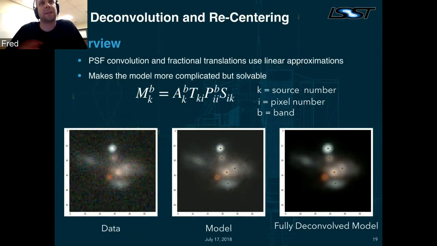We apply that to the morphologies, and then we multiply that by the SED component in that band. So you can see the results here, taking the data. The model in the middle is without using any PSF deconvolution, and the model on the right is doing a full PSF deconvolution.